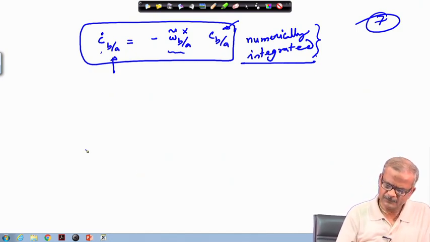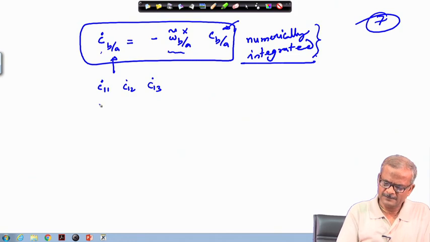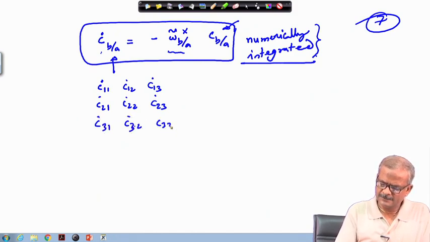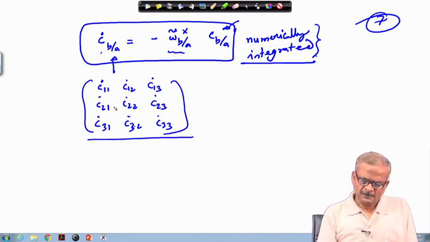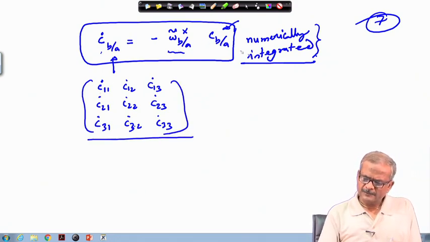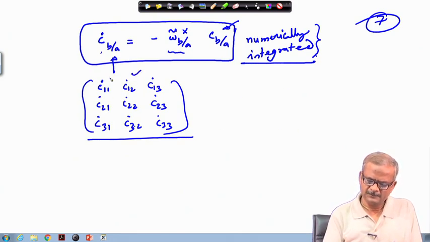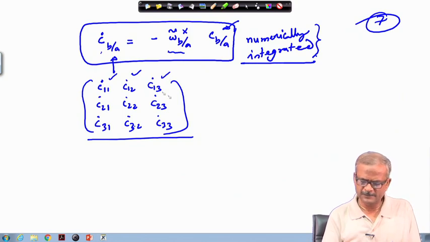Again, if you look from this place, you have different elements, like C11 dot, C12 dot, C13 dot, similarly C21 dot, C31 dot, C32 dot and C33 dot. Correspondingly you will have terms on the right hand side, and then use a numerical integration method to integrate it.